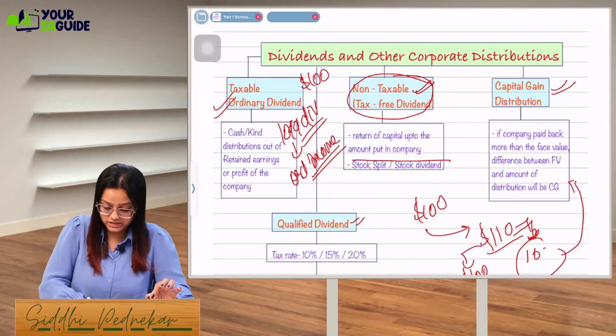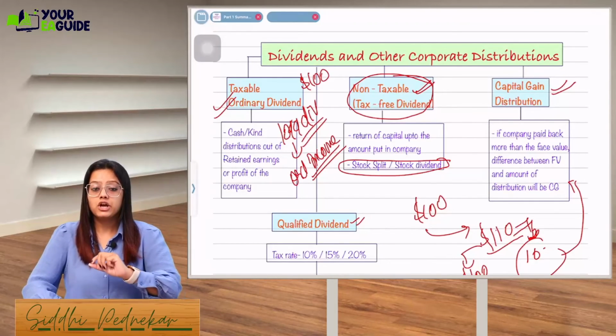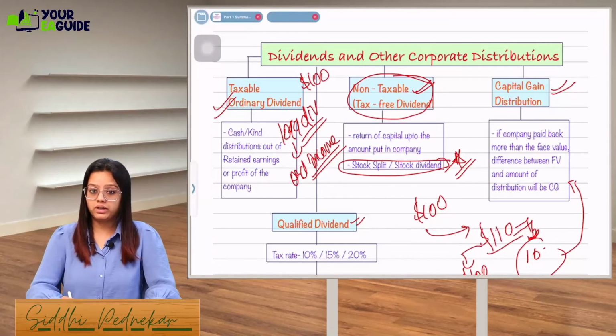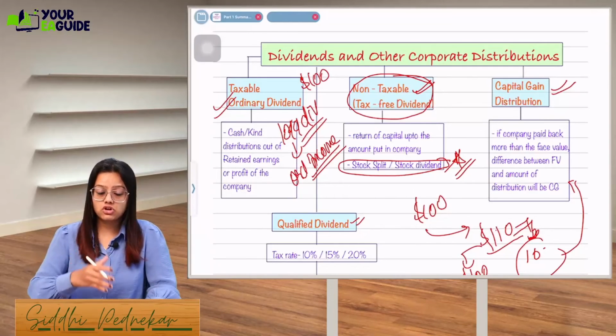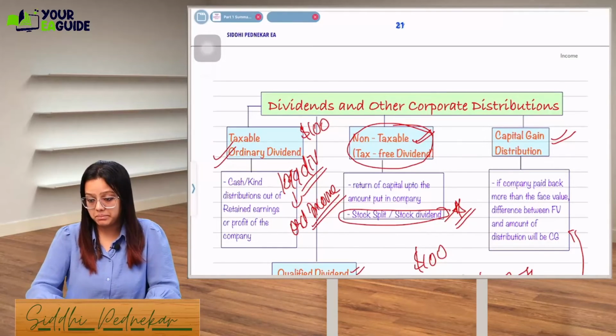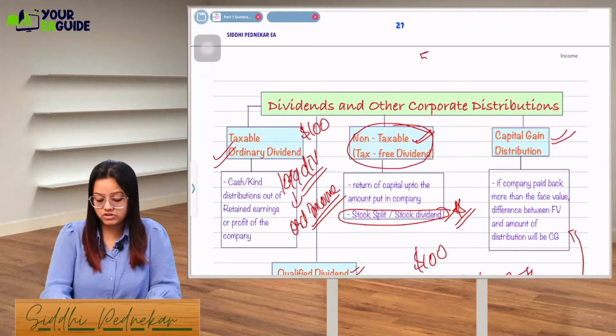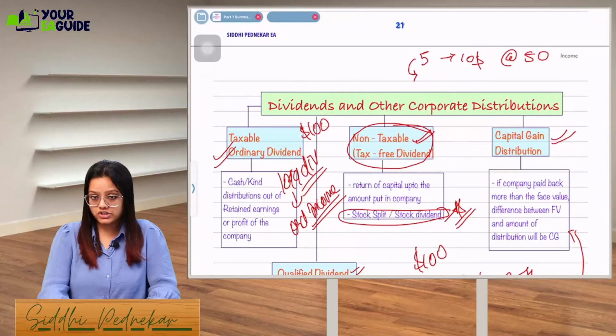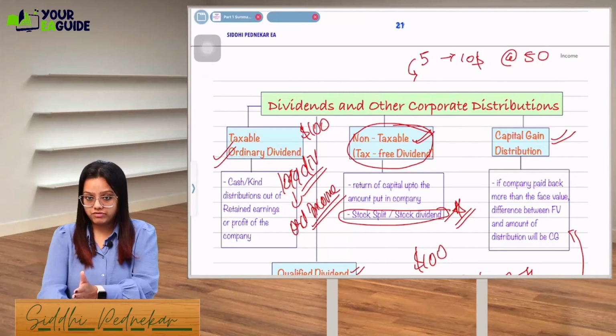The second one in this is stock split and stock dividend. It is totally non-taxable, and this is the most important point in this whole dividend topic. Let's say I have 5 shares of $10, so the value of all these 5 shares is $50, right? Now on these 5 shares, I receive a stock split, 1 share for 1 existing share.